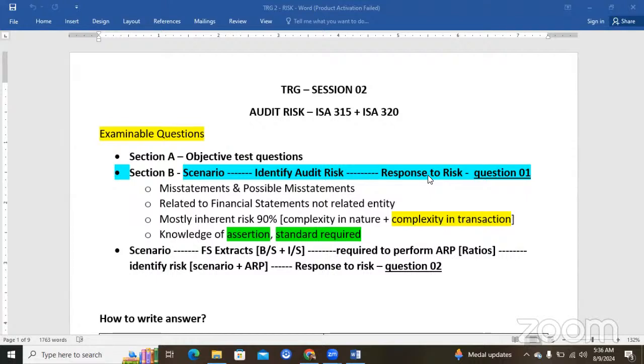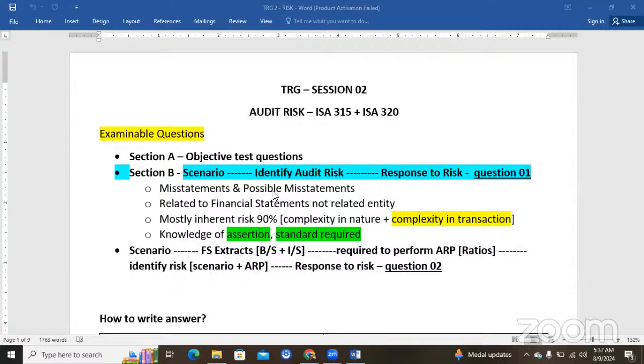There is a possibility this can be tested for a total of 30 marks. In the revision class also, I explained that when you get a scenario and are asked to identify audit risk and the response, first of all, include a misstatement or a possible misstatement. What is a misstatement? Non-compliance with the standard, because it comes under inherent risk, as we discussed in theory.